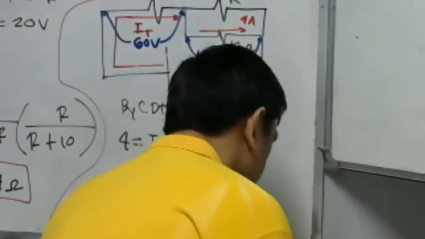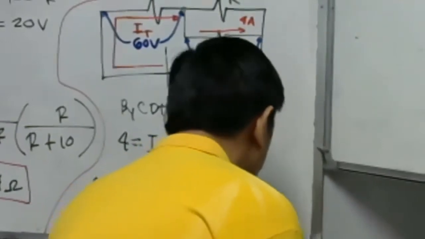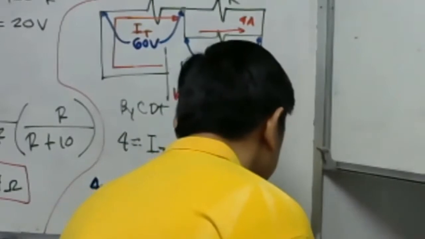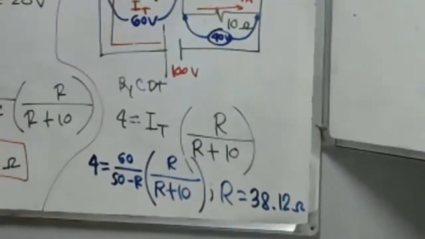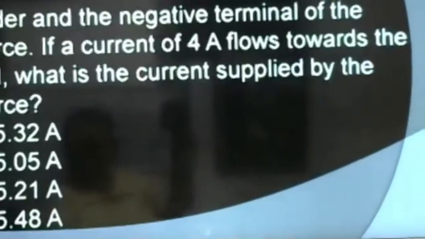Okay, so the answer here for our R is 38.12. But that is not the question. The question here is what is the current supplied by the source? Current supplied by the source is our IT. Okay, so IT po yan.